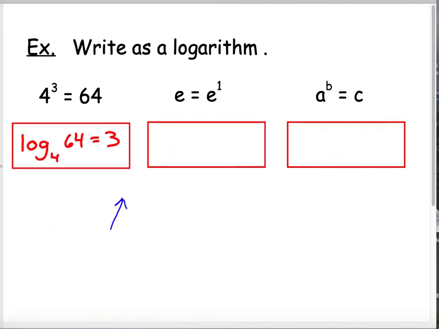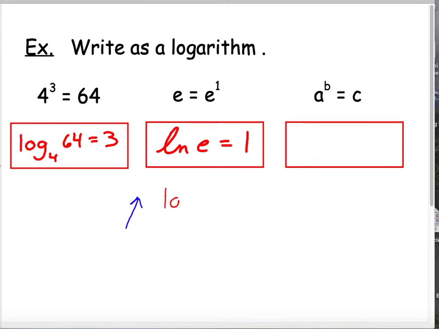All right, let's try the next one. Where's our exponential? Right here. The exponent is going to go by itself. So 1 is going to equal the log base this of this. So the log base e, and maybe I'll even write that. So at first, if it helps, write log base e of e equals 1.